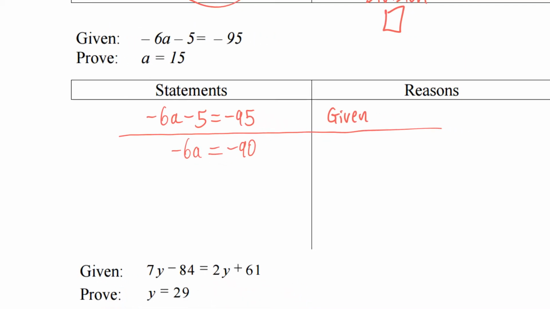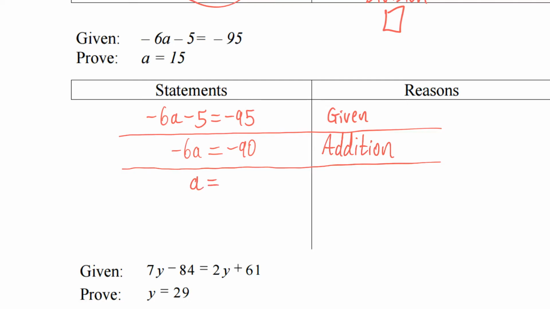So what did we do there? Addition. We did the addition property. Now just divide. Okay, good. So now I'm going to divide by negative 6. So when we divide by negative 6 on the left side, negative 6 divided by negative 6 is 1, or 1a, same thing as just a.